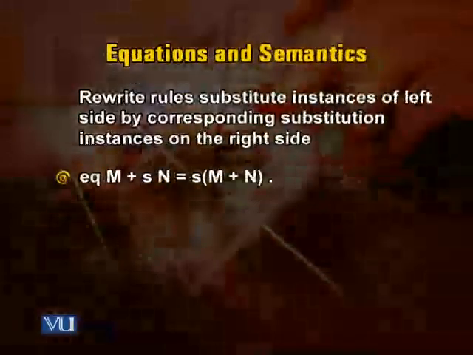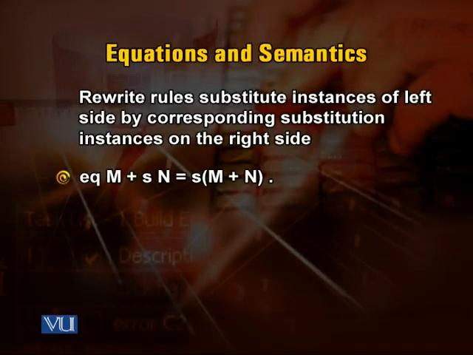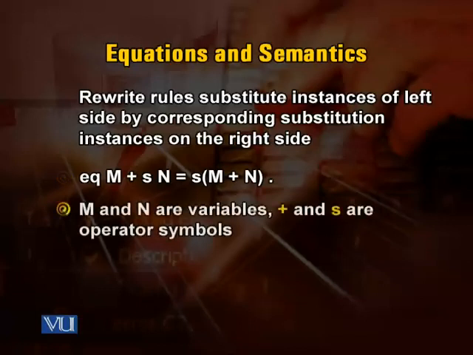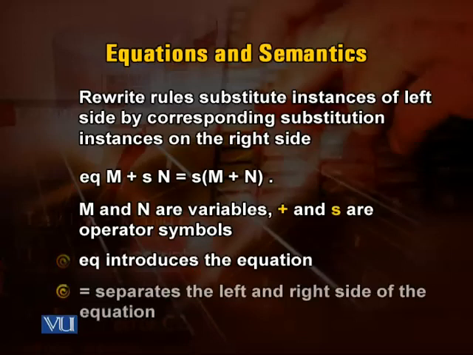Here is an example of an equation. We have EQ M + S N = S (M + N), and then a full stop. Here M and N are variables. This plus and S are operator symbols. EQ introduces the equation, and this equal sign separates the left and the right side of the equation.